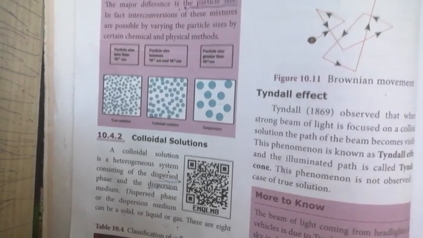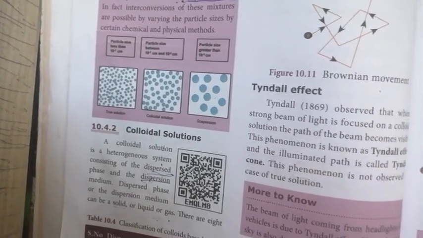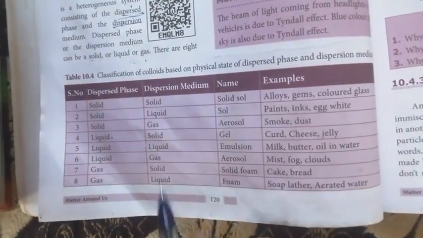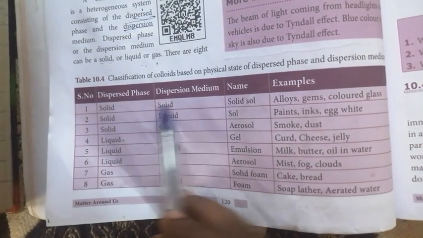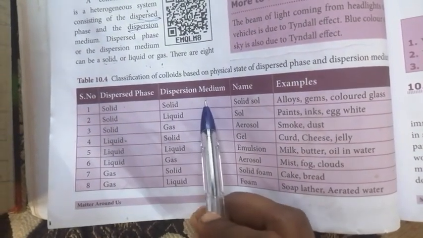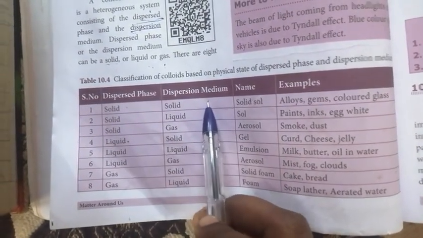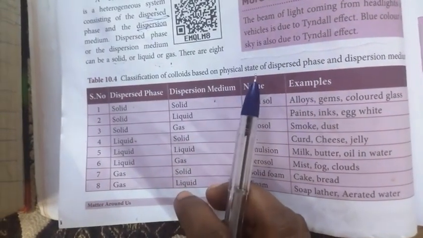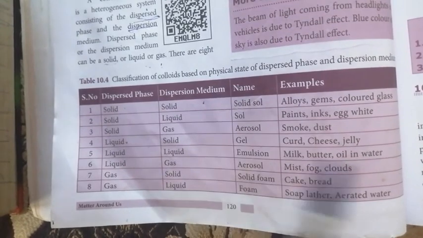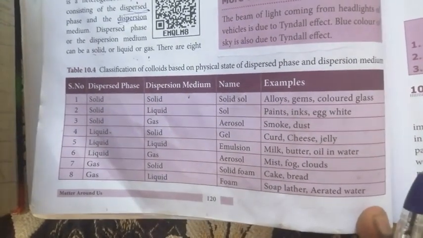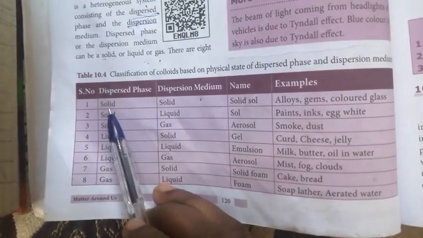That is given in page number 120. See, this is the table, dispersed phase and dispersion medium. From this table they will ask more questions. Okay, so study thoroughly. A lot of questions they will ask from this table.